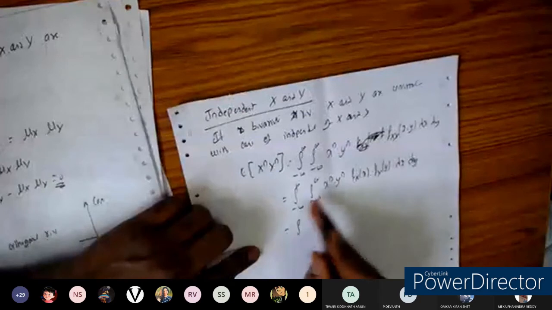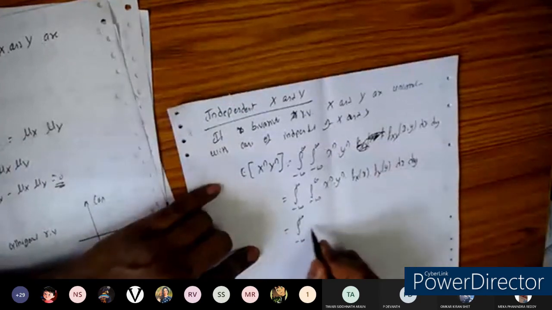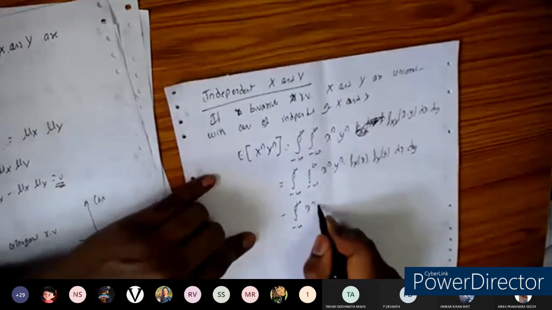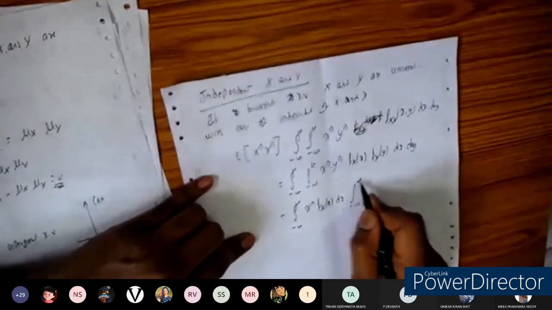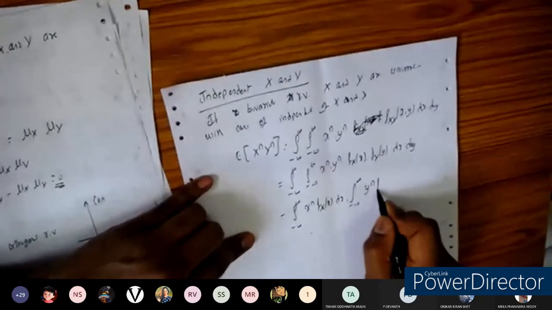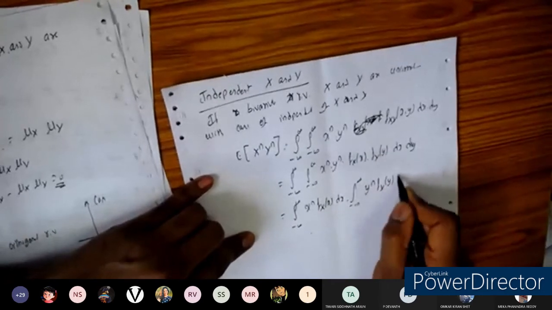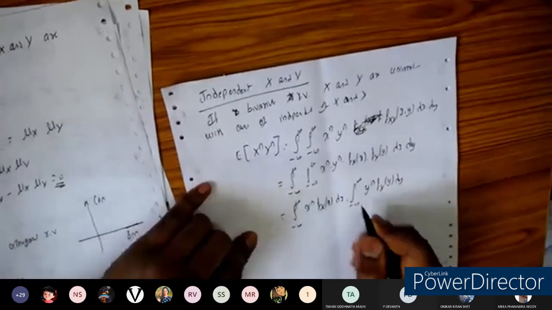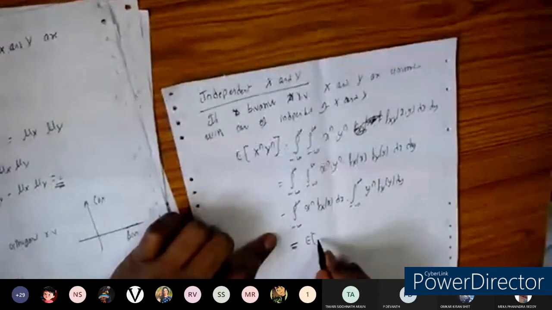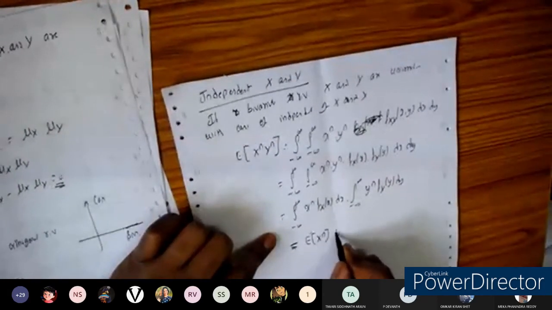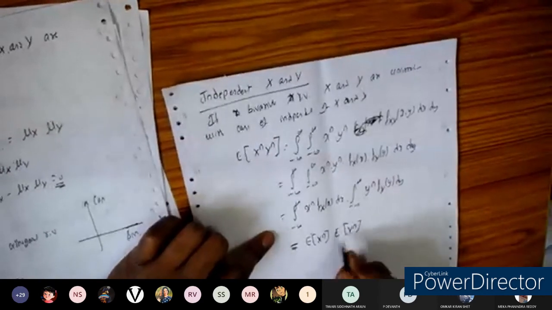Let us separate the integrals: the integral from minus infinity to plus infinity of x to the power of n into f X of x dx, times the integral of y to the power of n into f Y of y dy. This is nothing but the expectation of X to the power of n into the expectation of Y to the power of n.